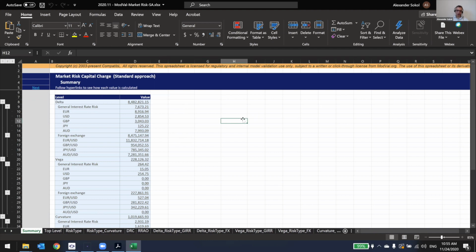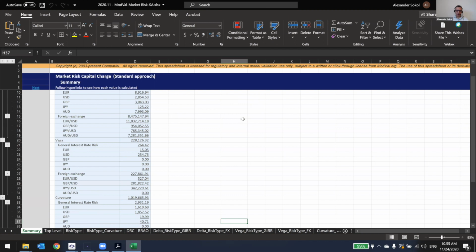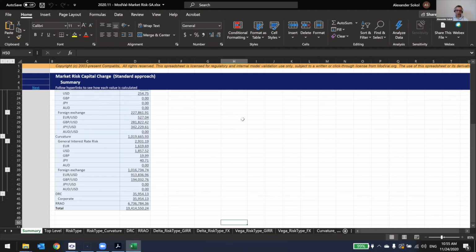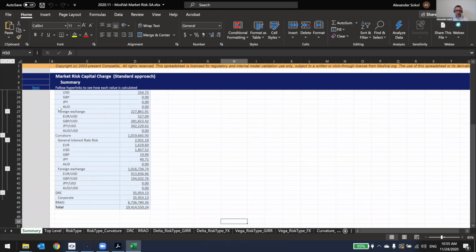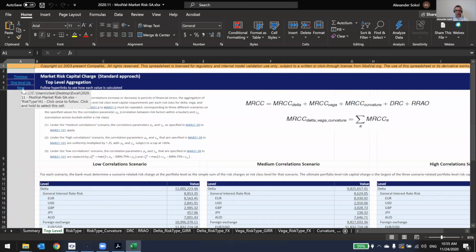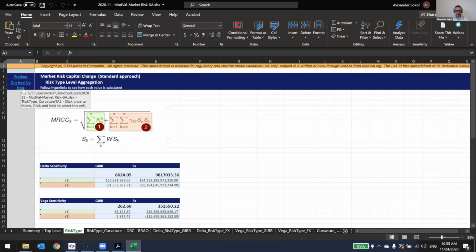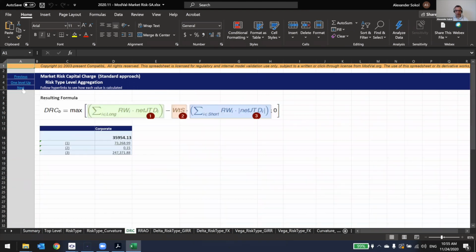So this is the total capital requirement calculated here on this first sheet. That's the amount, and then you go next, and it moves you through a set of tabs in which there's a formula, and there is an example of how to use the formula.